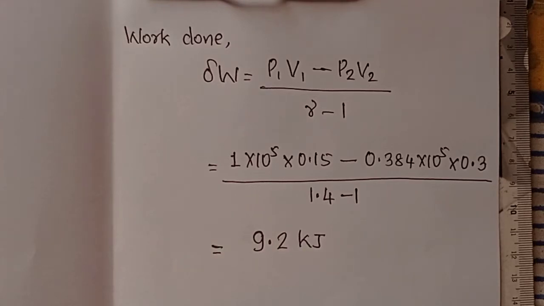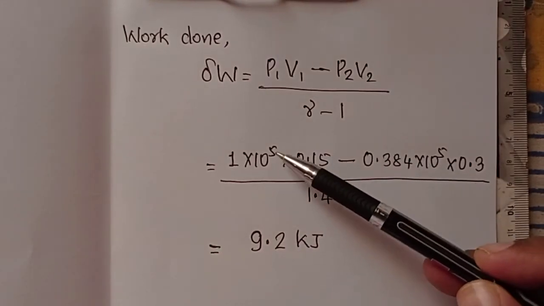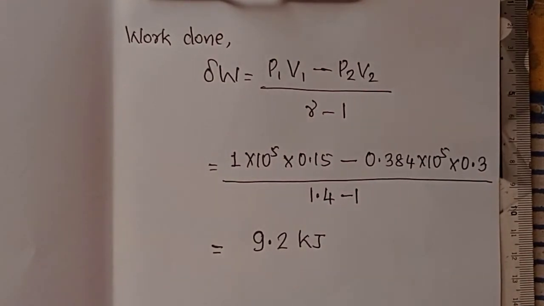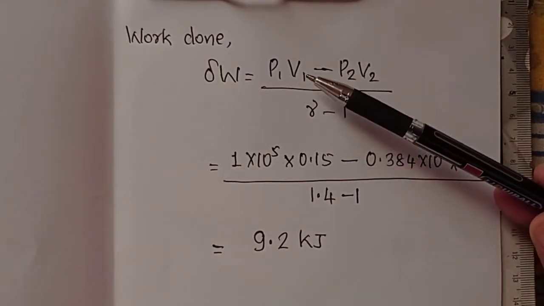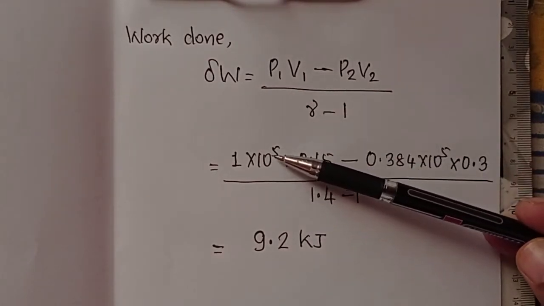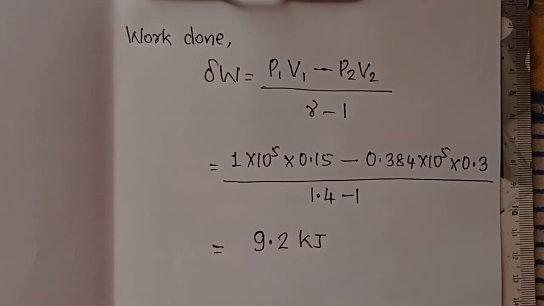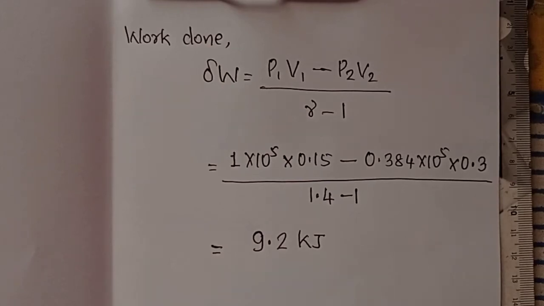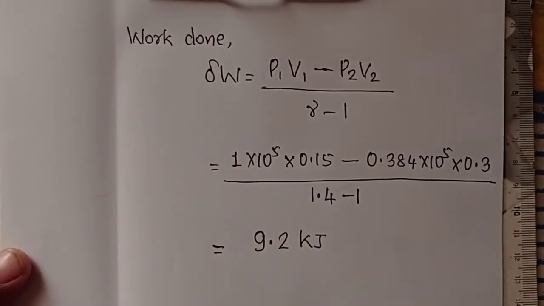If instead of 10 to the power 5 you take 10 to the power 2, that is converting bar into kilopascal, and then find the equation for work done, or directly you have converted bar into Newton per meter square, no problem. Directly you will get the answer in joules, and from there you can find it in kilojoules.